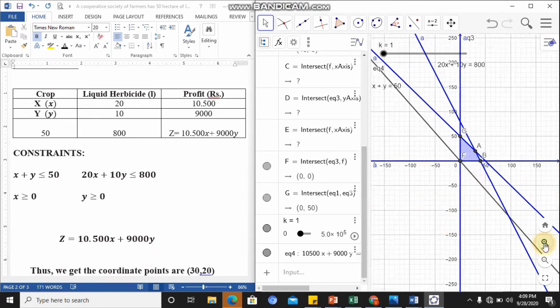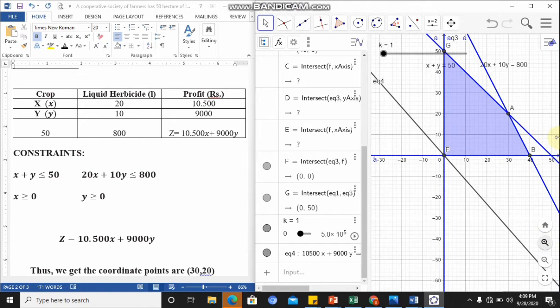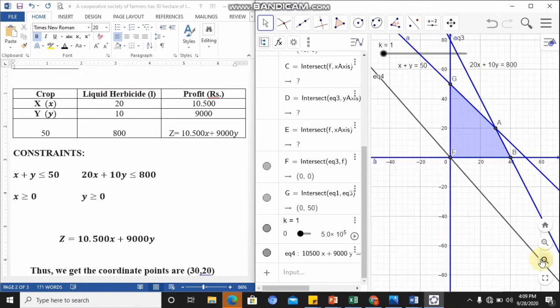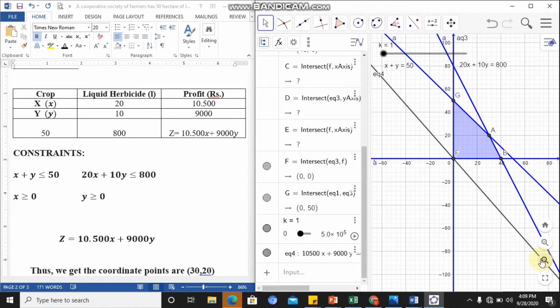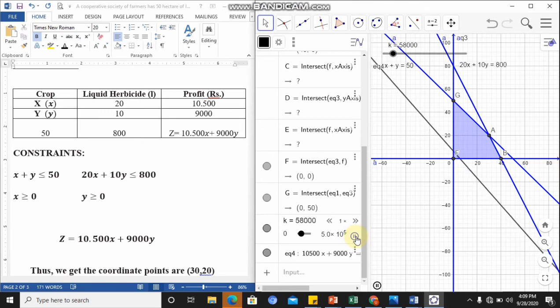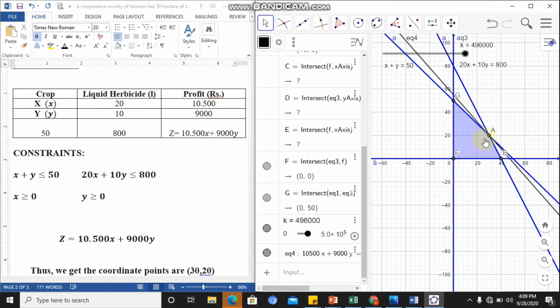and we must find the last point that intersects with this graph. So we can play this button and stop here.